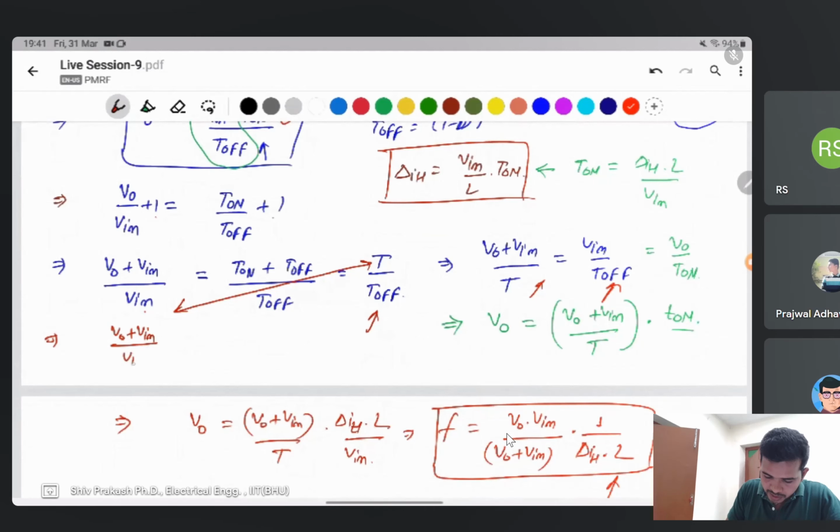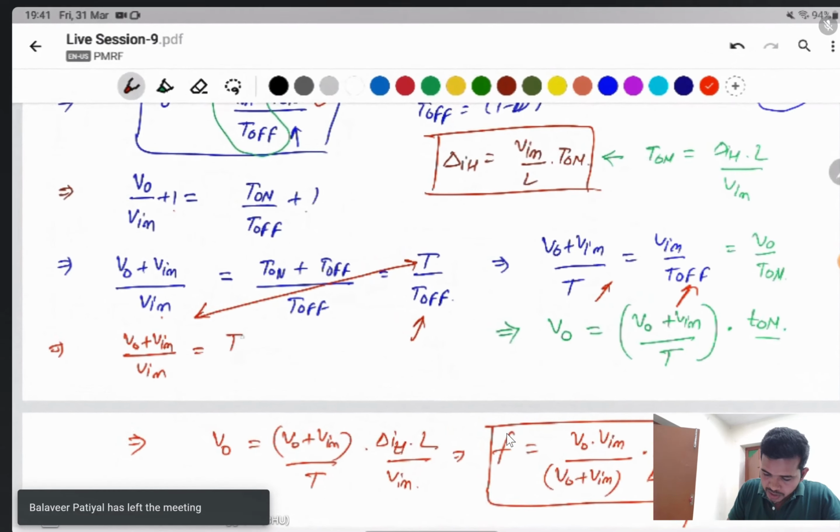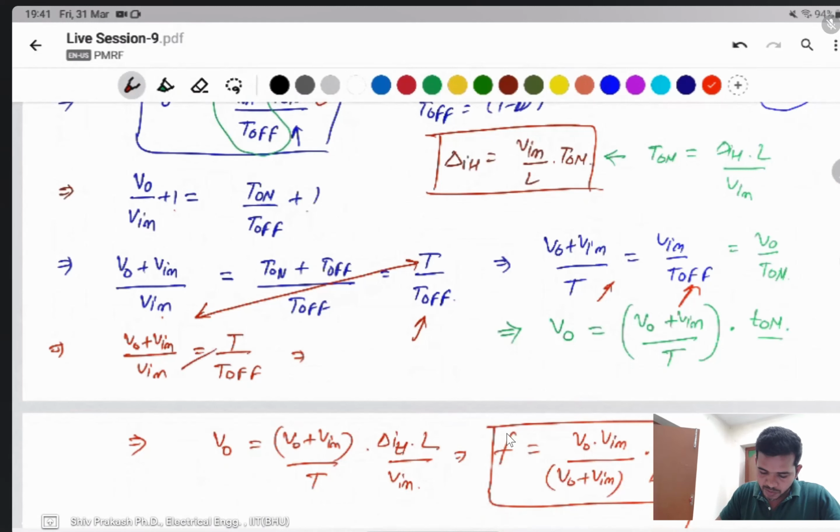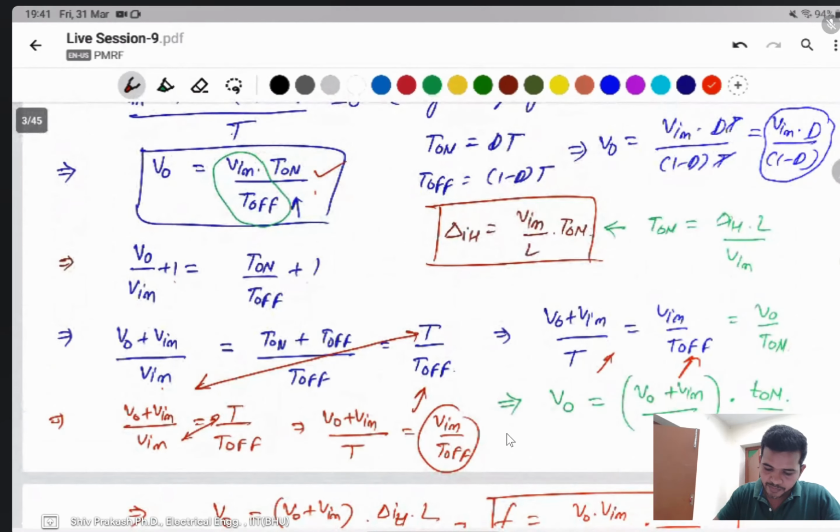This one, V in is equal to T divided by T off. I simply transfer this one, replace the V in by T and V in goes there. V output plus V in divided by T is equal to V in divided by T off. And this one can be replaced from here, to find T on, and T on is replaced from delta IH.